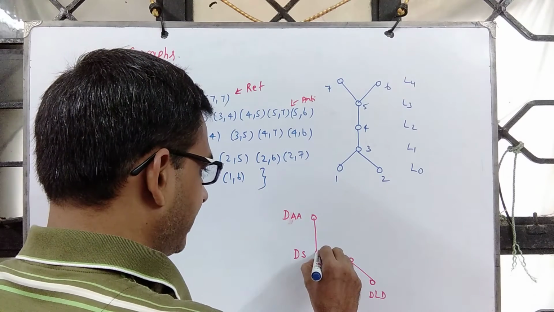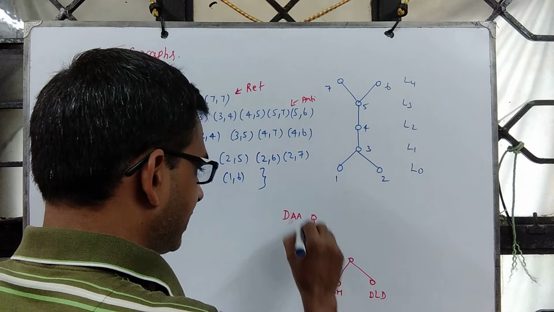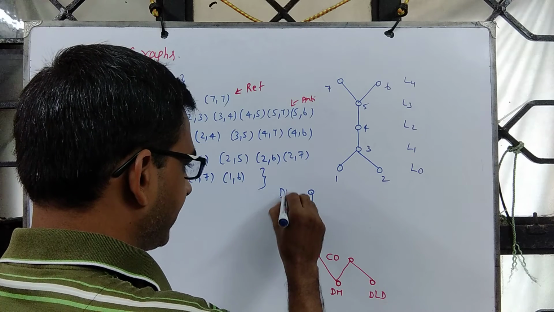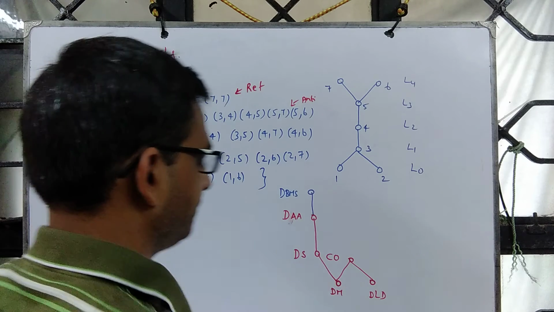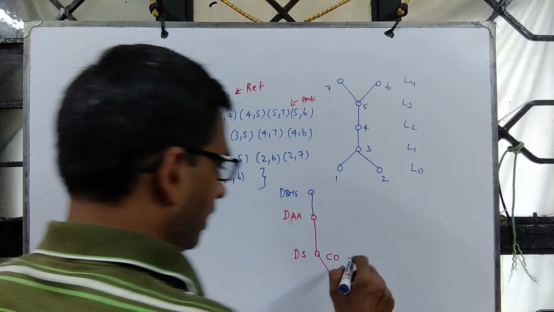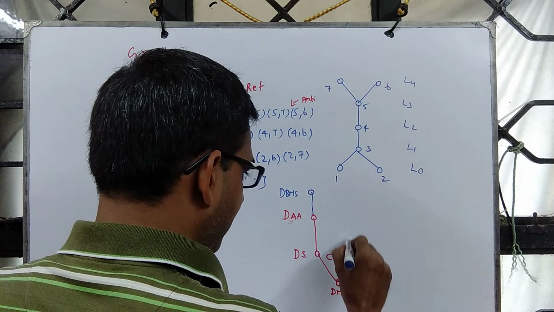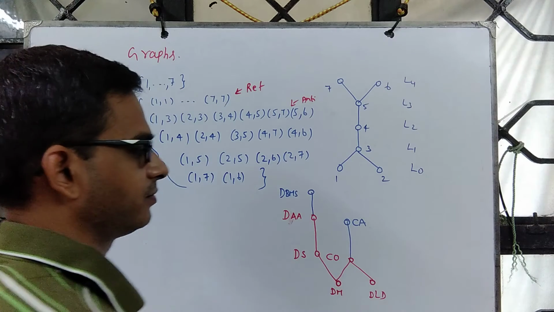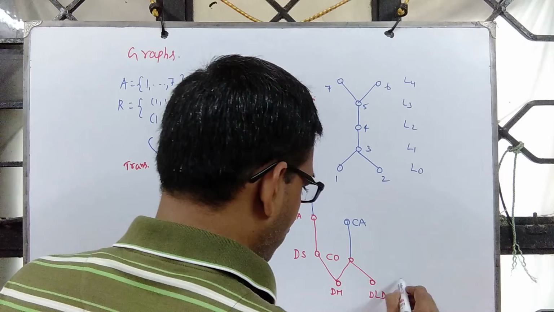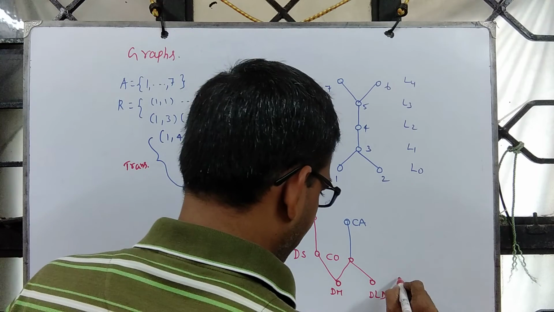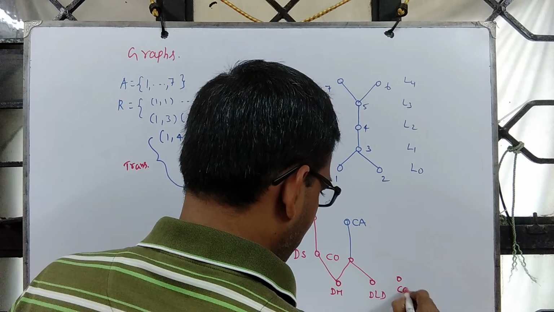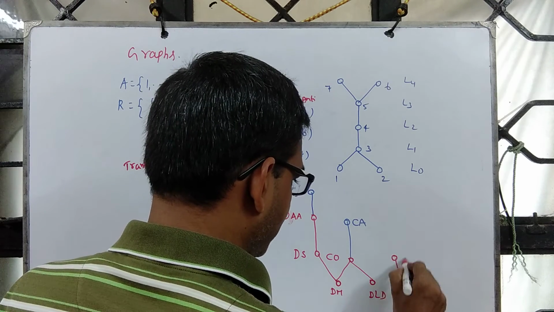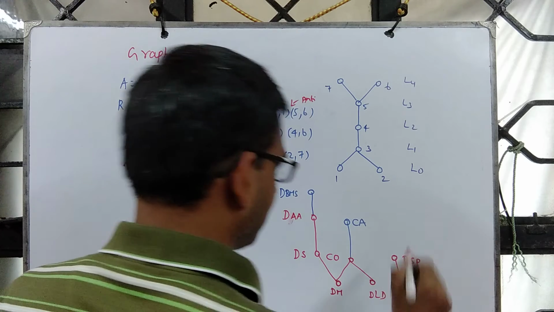And data structures and design and analysis of algorithms are prerequisites for, say, database management system. And computer organization is a prerequisite for, say, computer architecture. Then you have a course on, say, communication, and this course is a prerequisite if you want to do, say, digital signal processing.